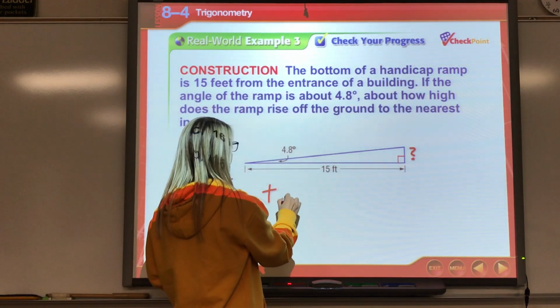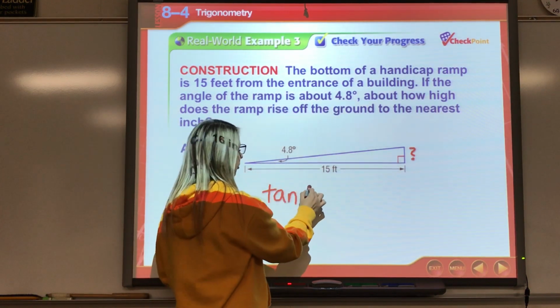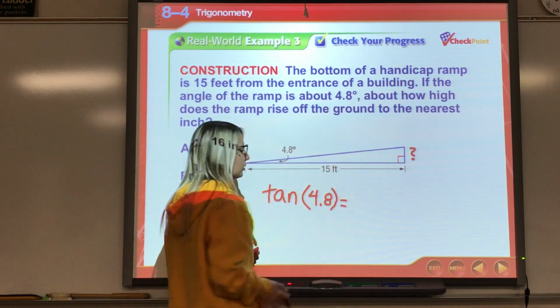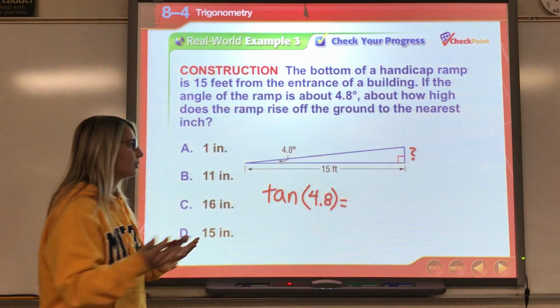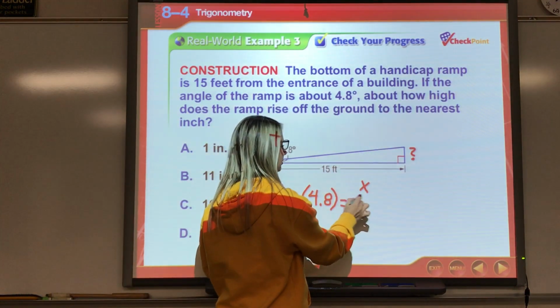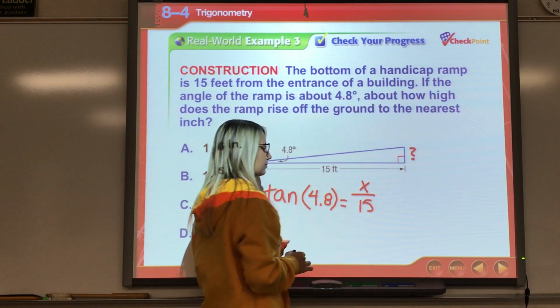So we would have the tan of 4.8 equals, and this is where we set up that ratio, so we have the opposite over the adjacent. We're just going to call this x over 15.